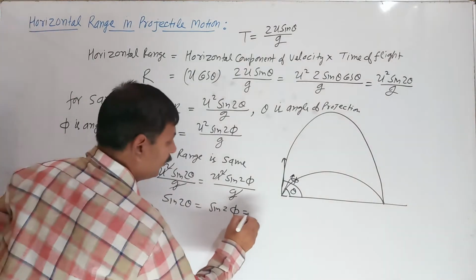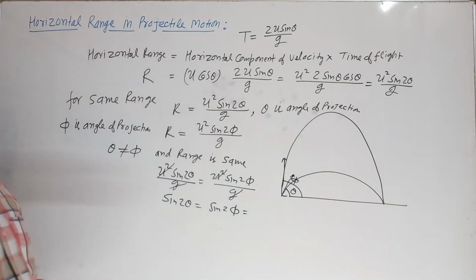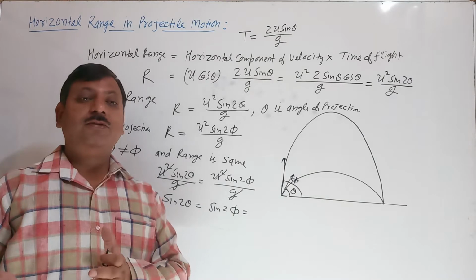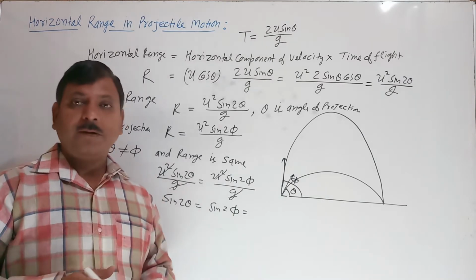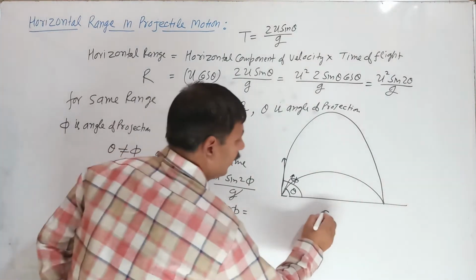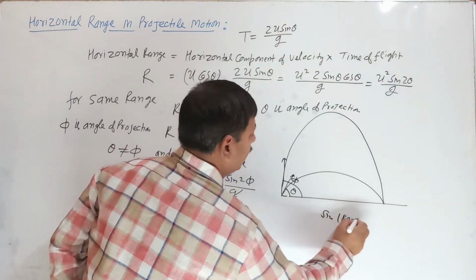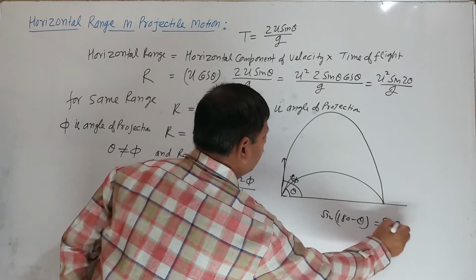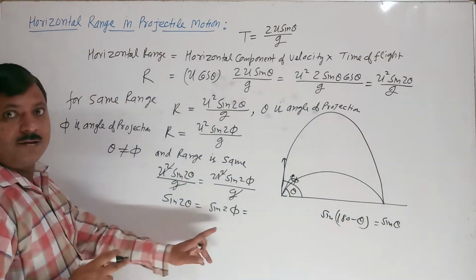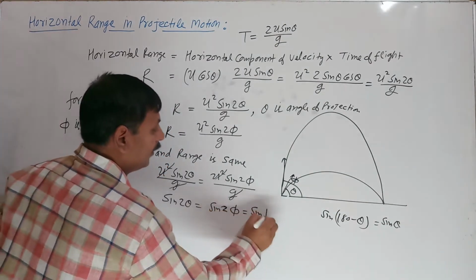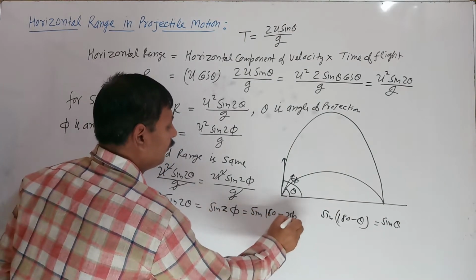What do we have to do? We have to convert it in the form of, we know sine 180 minus 2 theta is also sine 2 theta. In trigonometry, we know sine of 180 minus theta is equal to sine theta. If you are applying this here, you can see sine 180 minus 2 phi.